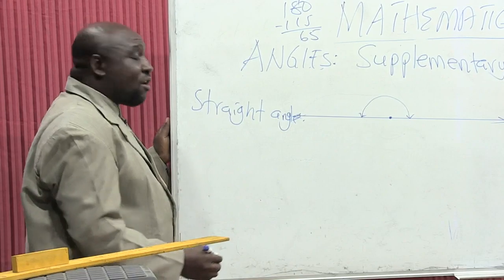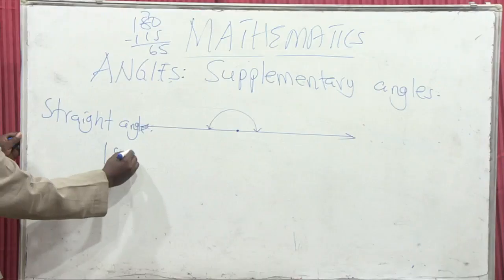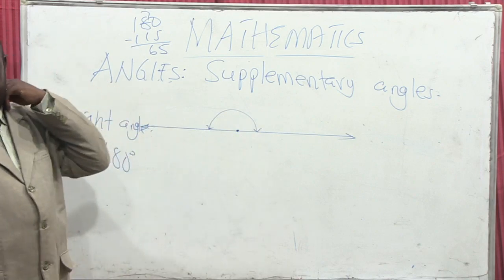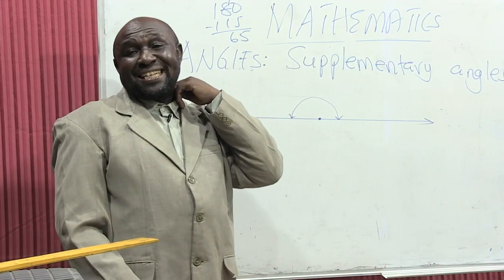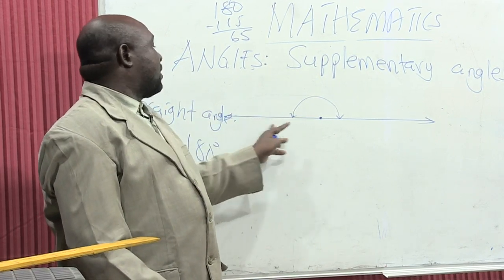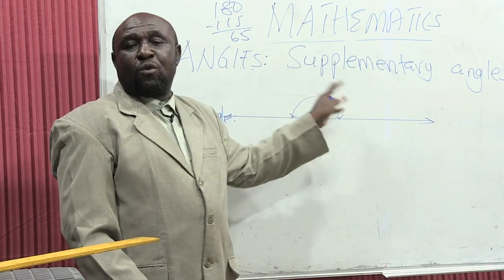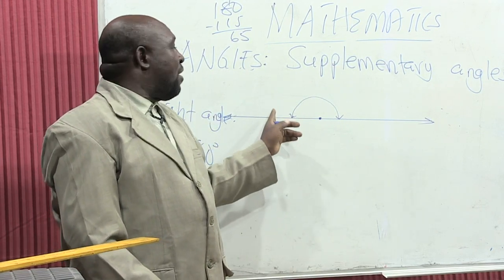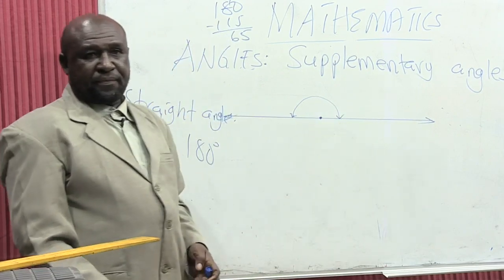And a straight angle has a total of 180 degrees. We learned in grade 5 that a straight angle is 180 degrees, and the straight angle is formed along a straight line.